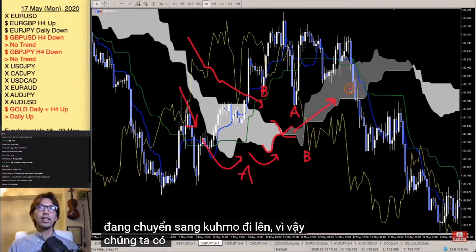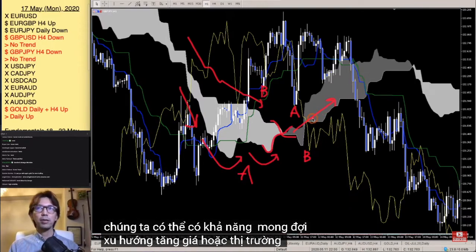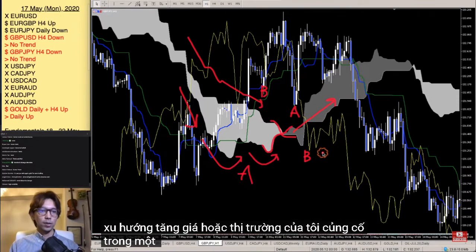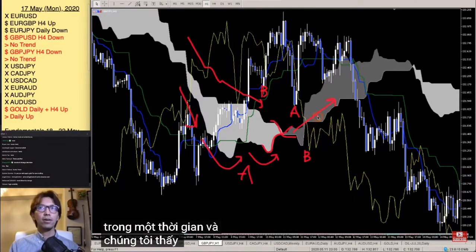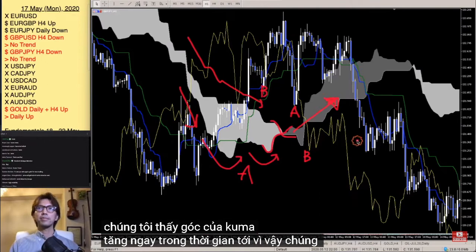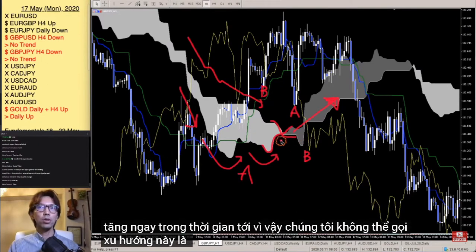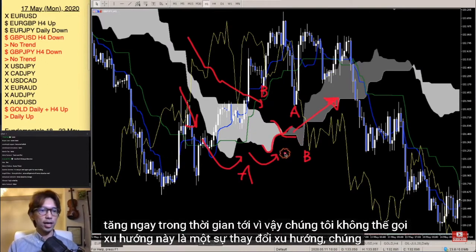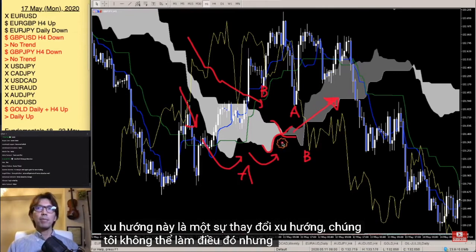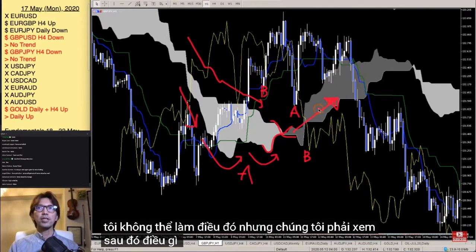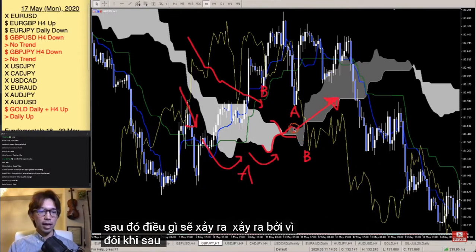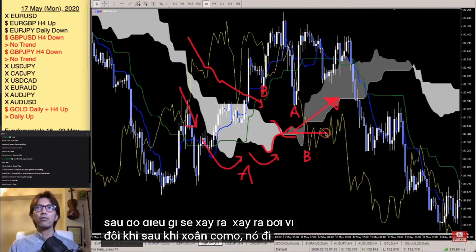So we can potentially expect the bullish trend, or the market might consolidate for a while until we see the angle of the Kumo to the upside, right, next time. So we cannot call this Kumo twist a trend change. We cannot do that. But we have to see afterwards what's going to happen, because sometimes after the Kumo twist, it goes horizontal.